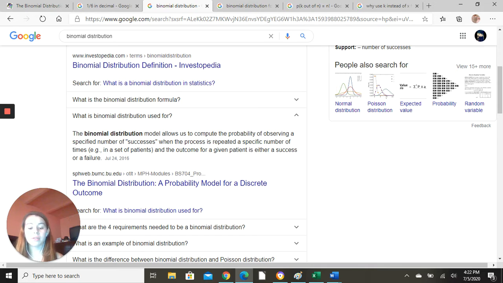So I'm going to be using the Paint app to show you guys how I did my calculations. As you guys know, for binomial, n is always going to equal the number of trials, p is always going to equal the probability, and x is always going to equal the successful outcomes.